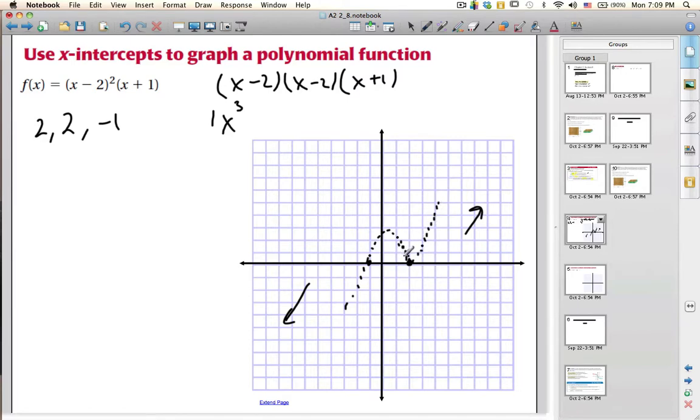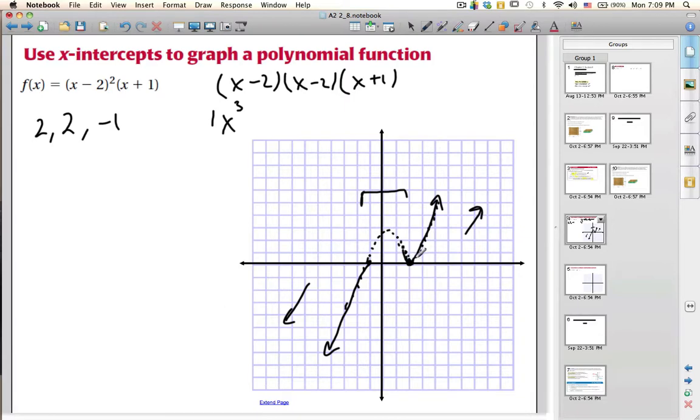If I want to find more data, how much more data do I need? I know that from here it approaches positive infinity or negative infinity. I know that in this area it's going to touch the graph and it's going to go out there. So what I really need to know is, what does it do here? If I were using a graphing calculator, I would go ahead and multiply this out, find the polynomial, and I'd plug it into my graphing calculator, and I'd use the trace function to find this local maximum.